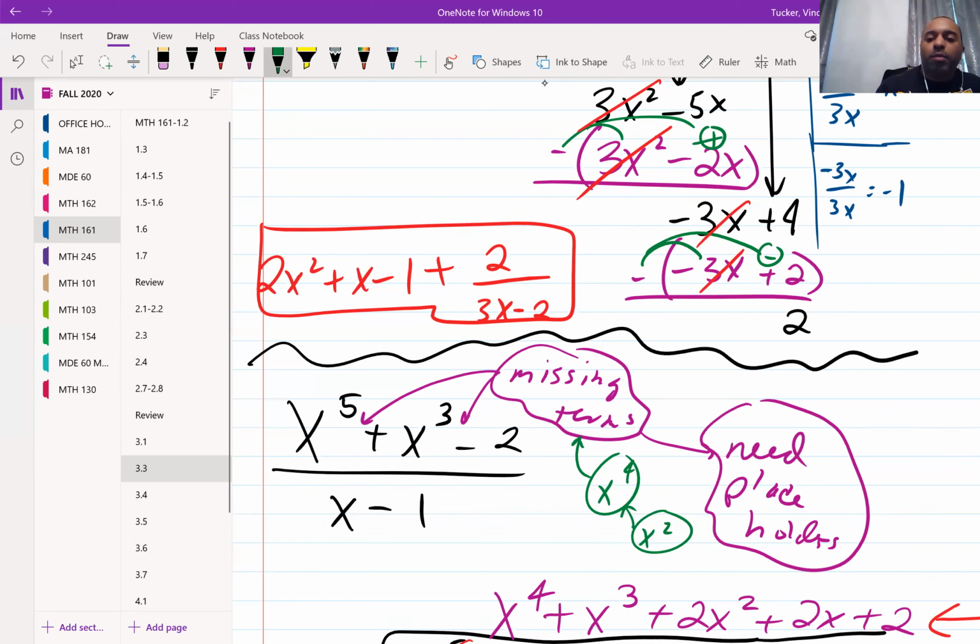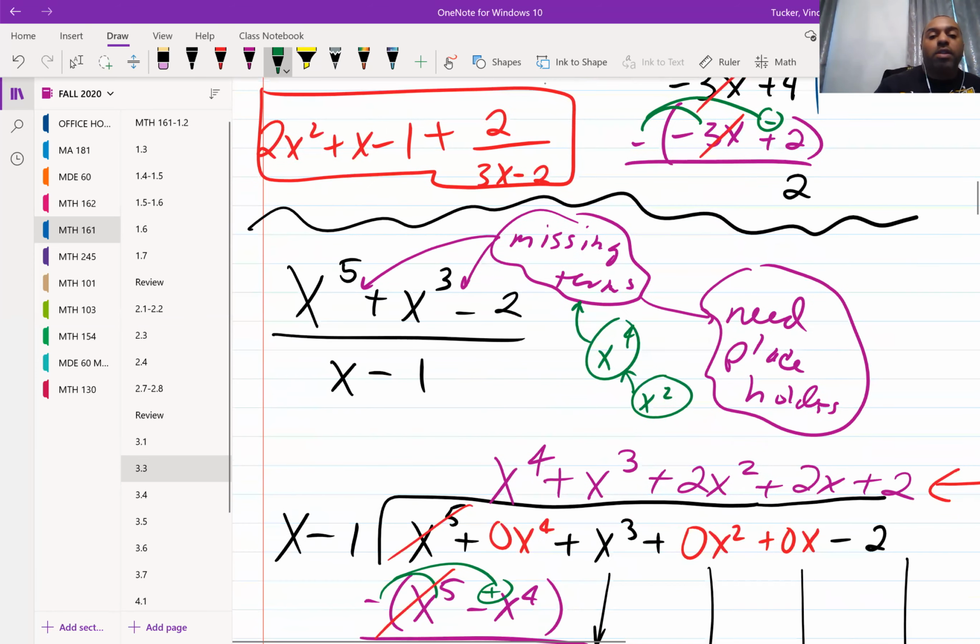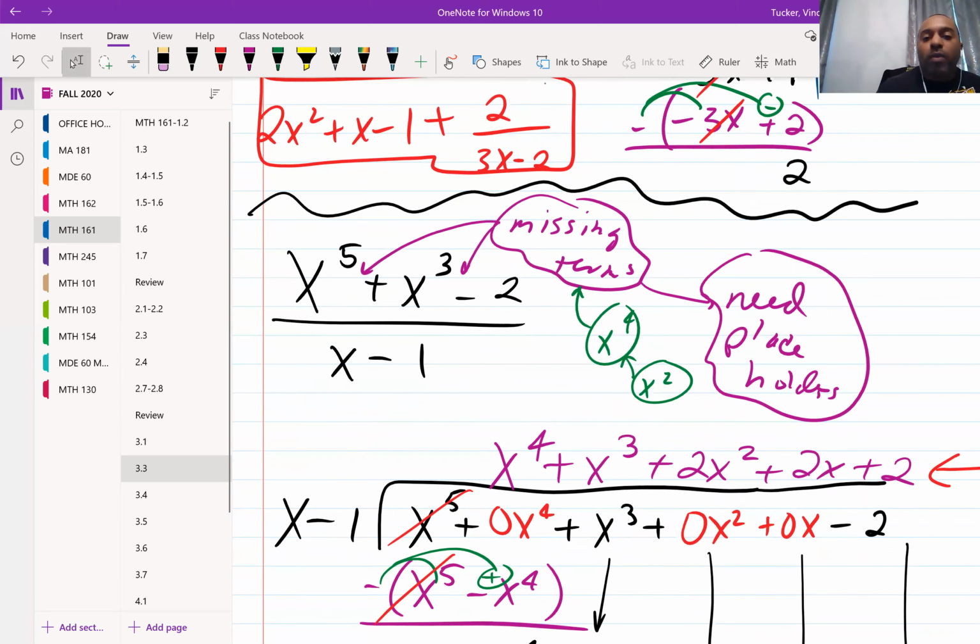So we need placeholders. These are just things we put in place to make sure that we are able to progress throughout the long division process with ease. Oh, I'm missing x to the 1st as well. I didn't put that one up.